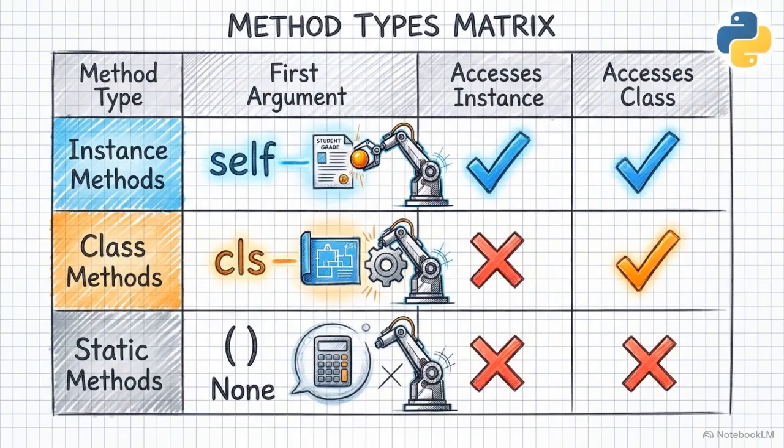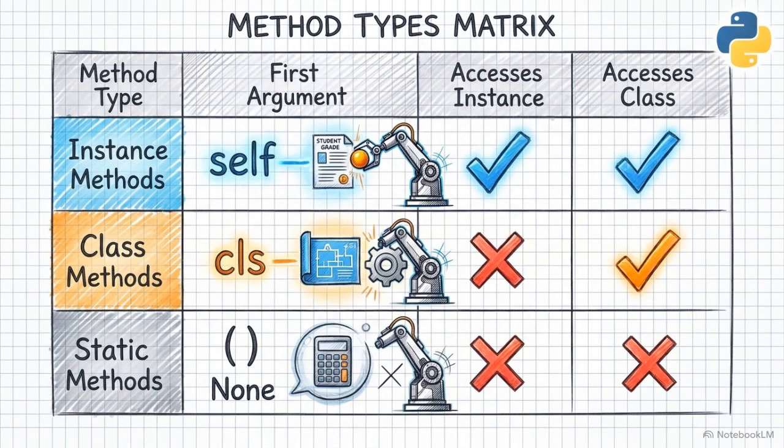This matrix provides a clear view of how to choose between method types based on the data they need to access. Use instance methods whenever your logic requires data that is specific to one object, such as modifying a student's individual grade. Choose class methods when the operation affects shared data or when generating objects from different starting formats.